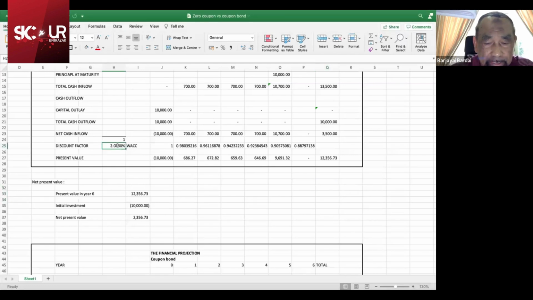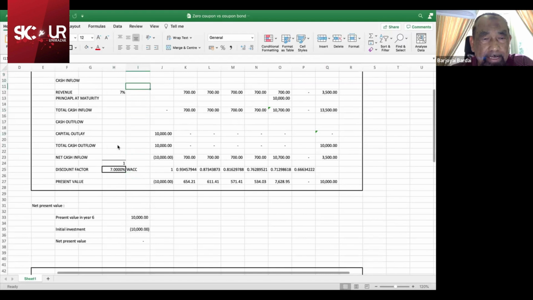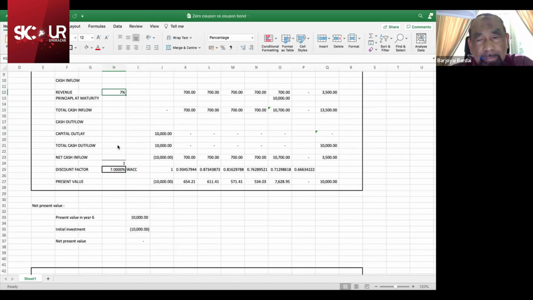So you said at 7%, 7% is 0, because it is a 7% bond, exactly 7%. So if the bond rate is 7%, your cost of capital must not be higher than 7%. This is correct, right?